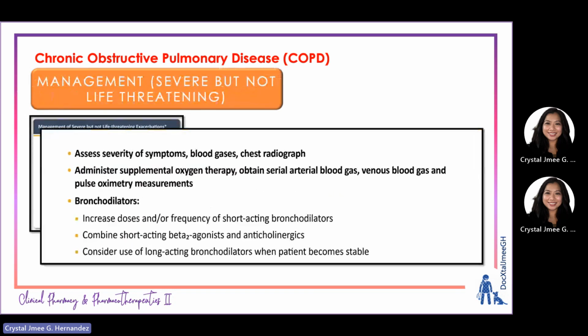So, of course, as you can see, there's always the assessment of severity. Administer supplemental oxygen. Arterial blood gases should be checked. Venous blood gases, pulse oximetry. Here we have bronchodilators. So it's possible that we increase dose and frequency of the short-acting bronchodilators, combine short-acting beta-2 agonists and anticholinergics, and also consider use of long-acting bronchodilators when the patient becomes stable.